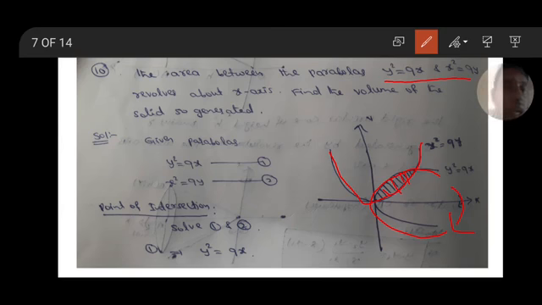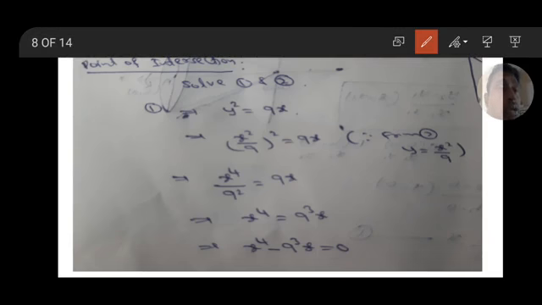Okay, so first of all we have to find the intersection points. Given parabolas y square equal to 9x and x square equal to 9y, the point of intersection is found by solving 1 and 2. From equation 1, y square equal to 9x, and from equation 2, y equal to x square by 9.